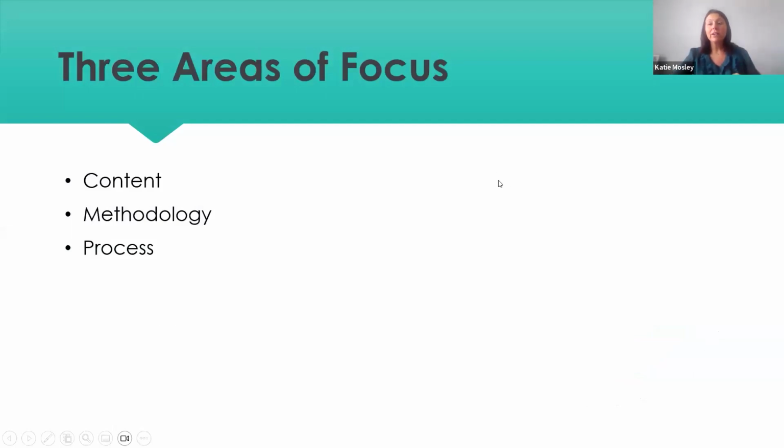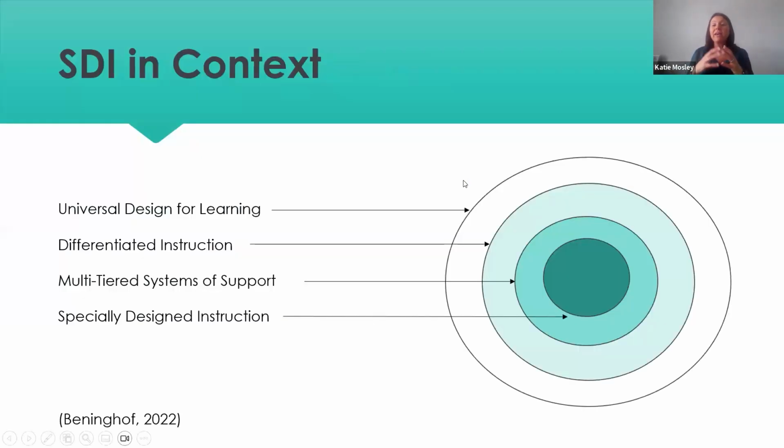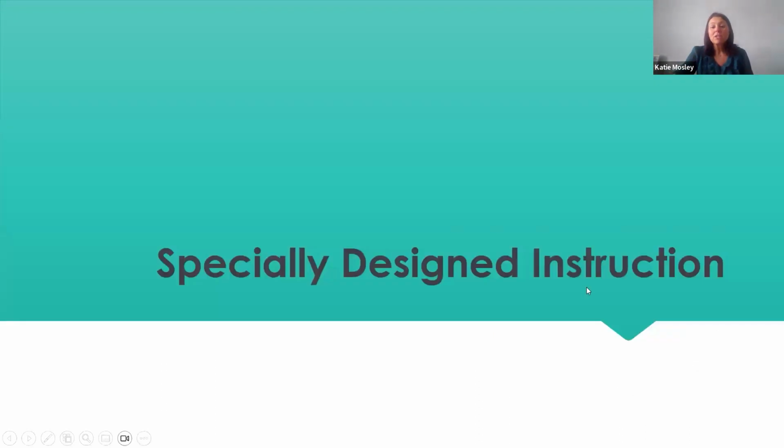Okay, so there are three different areas that we can look to focus on when it comes to that specially designed instruction. Because that specially designed instruction, which I should have mentioned on this bullseye, is for those students who are eligible for special education services. So when we talk about their unique needs and the unique things that we do to address those needs, that's where we're looking at the SDI piece.